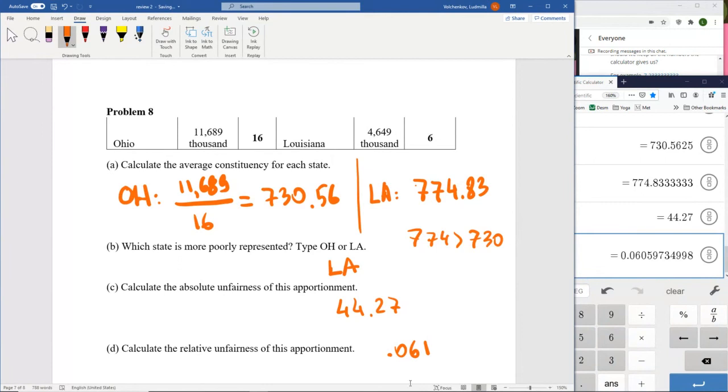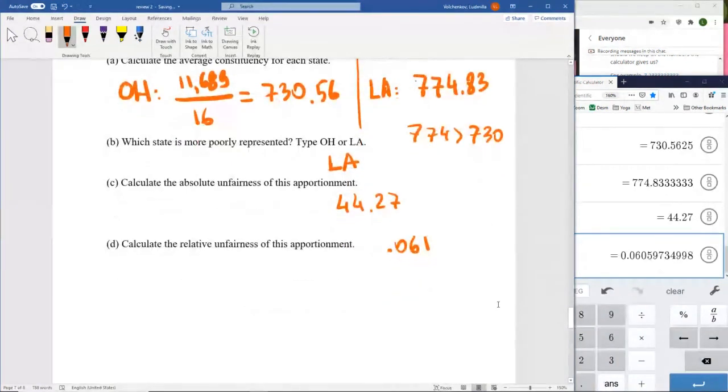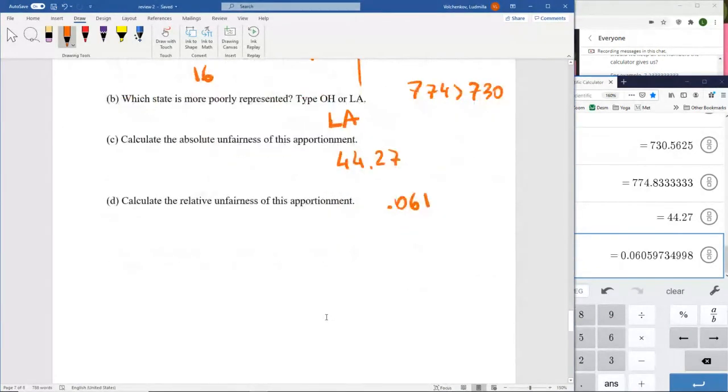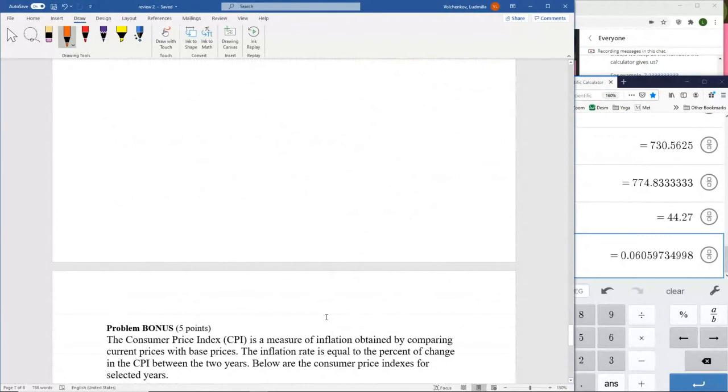We choose 1 here. Okay, 0.061 is the relative unfairness. Any questions on this? I think not, it's pretty simple.